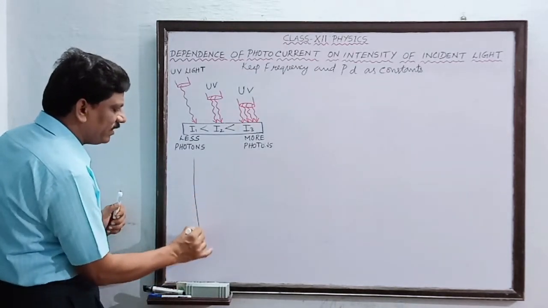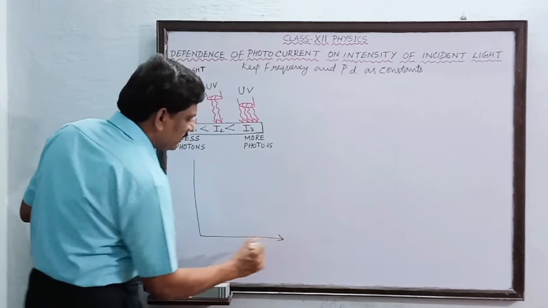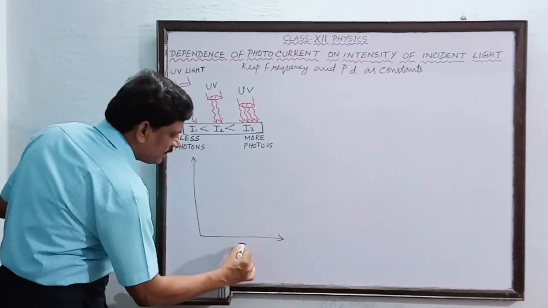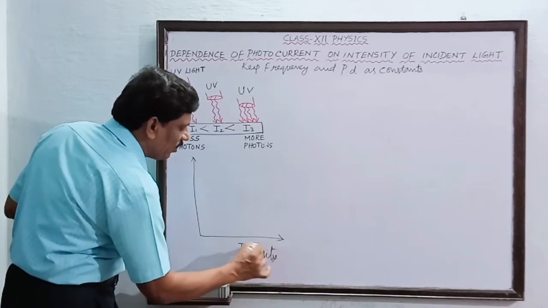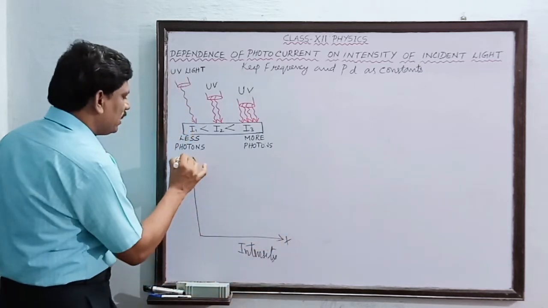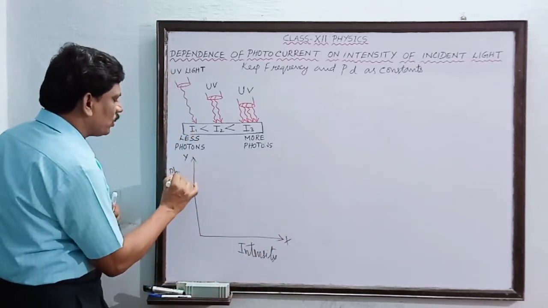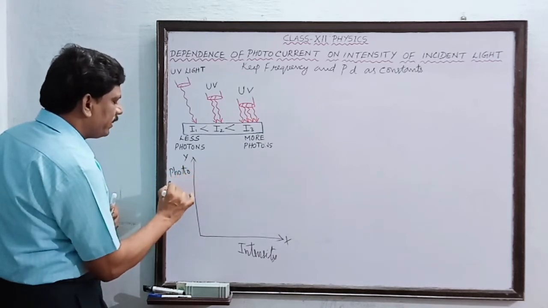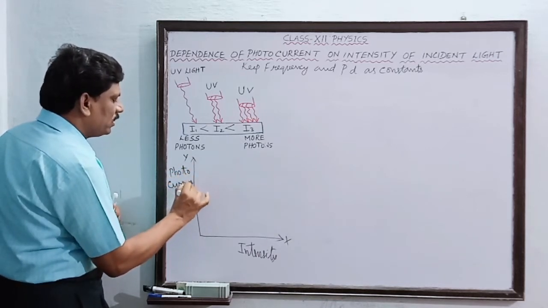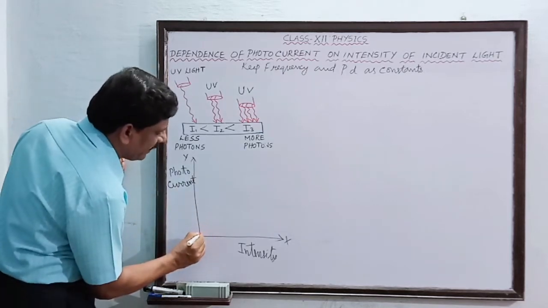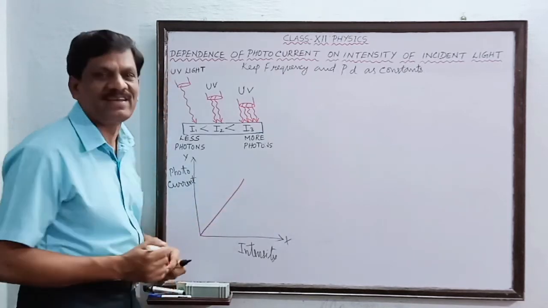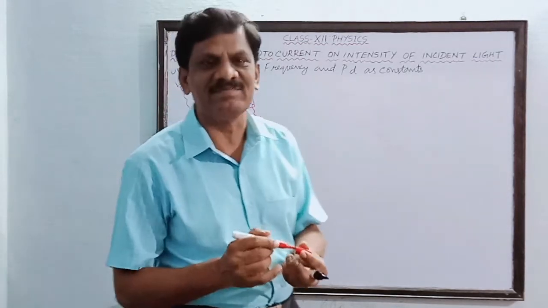So this is the intensity of light along the x-axis, and along the y-axis the photoelectric current. And it was found that the nature of the graph is a straight line passing through the origin.